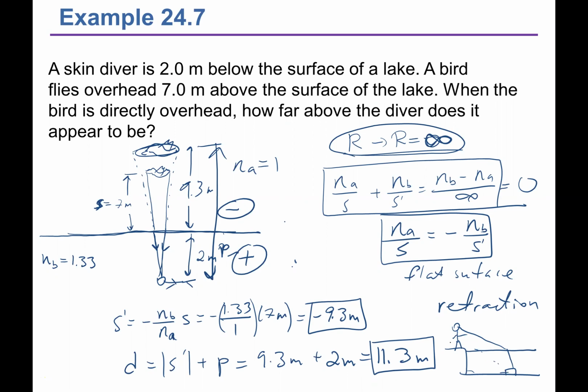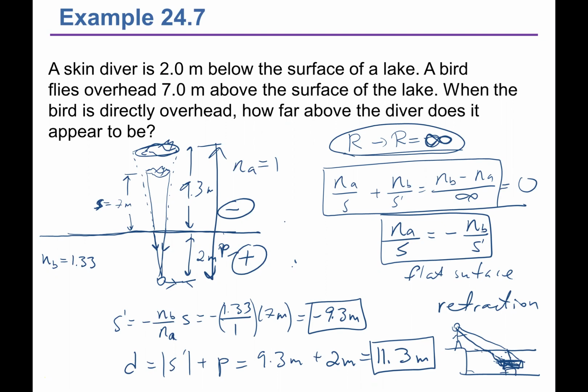Let me try again. So let's say if it goes like this, bends away. So then if you trace them, they will appear that the object is somewhere over here, right? If you trace them like this, it seems like the object is actually somewhere over here, which is the apparent position of the object, right, where the image is.